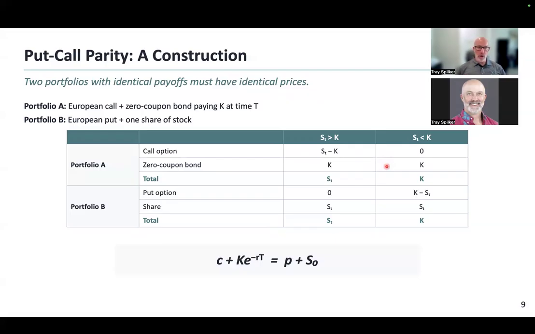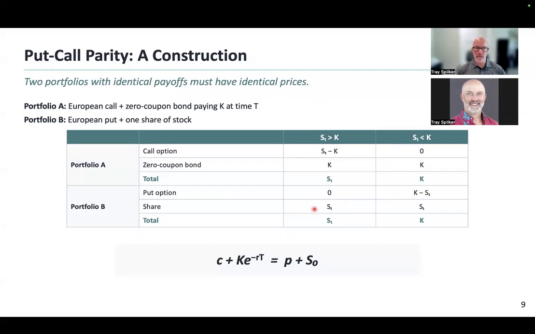So the total payoff is ST in a situation where the share price is above the strike price, so the value of the shares, and when the share price is below the strike price, then it's just the strike price, right? Because you can see the K's cancel here. So you end up with ST in this situation and K in this situation. Well, if you look at portfolio B, a long put option, it's worth zero if it's out of the money when the share price is above the strike price, and it's worth the difference between the strike price and the share price if the share price is below the strike price.